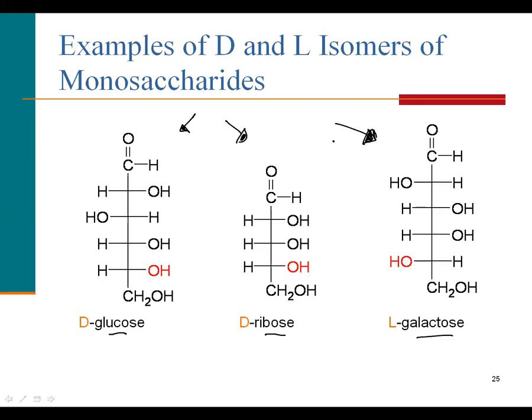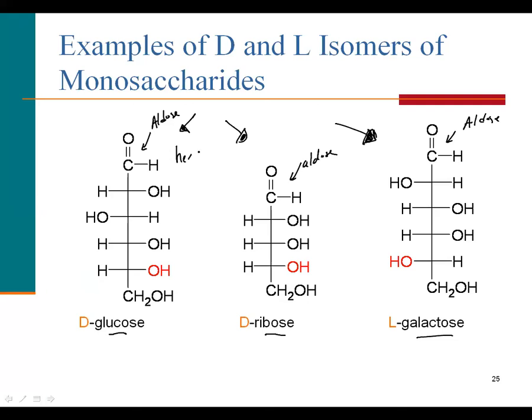If we look at the glucose here, this is an aldose because it has the aldehyde group on it. This ribose is also an aldose because of the aldehyde group, and so is our galactose. Glucose has 1, 2, 3, 4, 5, 6 carbons.